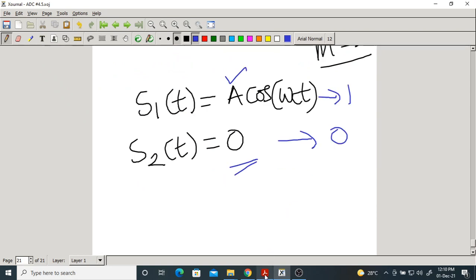So there is a difference of amplitude: for bit 1 we have a waveform with amplitude A, and for bit 0 we have nothing.